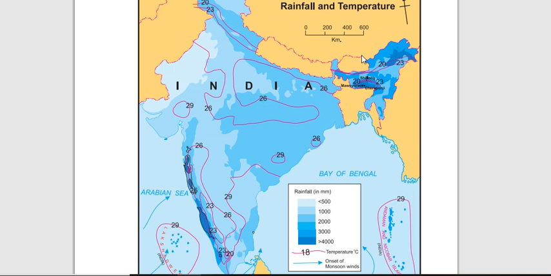We have already learnt about the isopleth and choropleth method for showing the rainfall and temperature distribution. The sun rays are perpendicular up to the Tropic of Cancer, which passes through the middle of India. The average temperature in India is high and it increases as we move towards the south because we are going towards the equator.